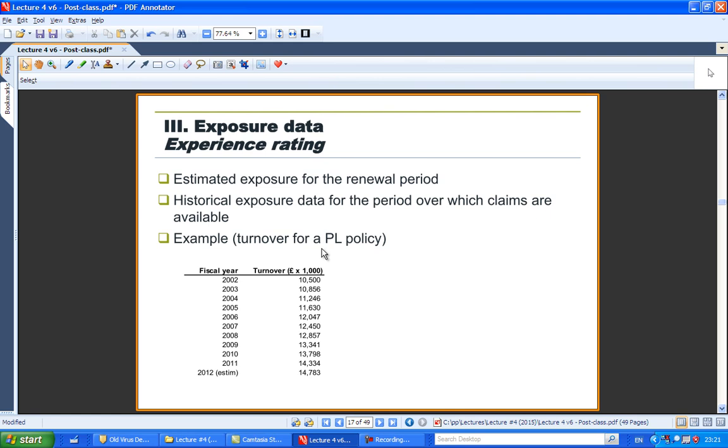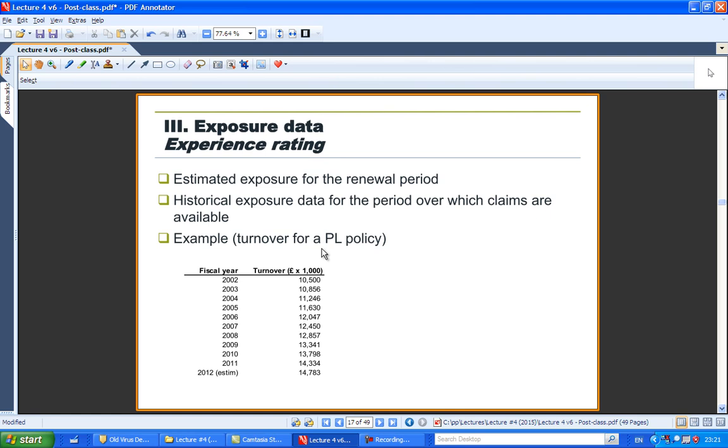I just wanted to mention that exposure is an important concept, and we have looked at it already in our first lecture quite extensively. We discussed it quite a bit.